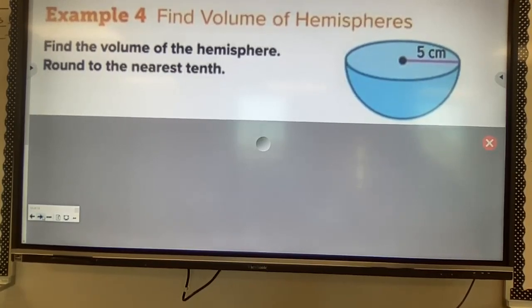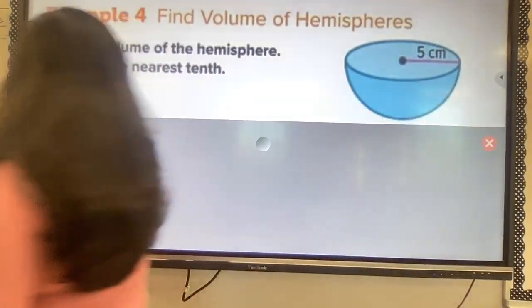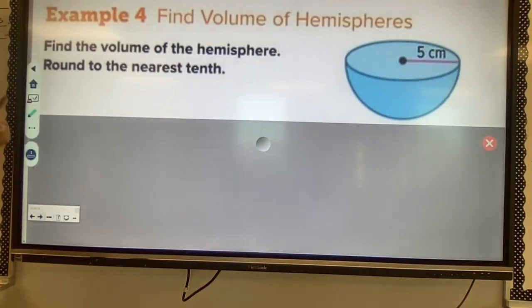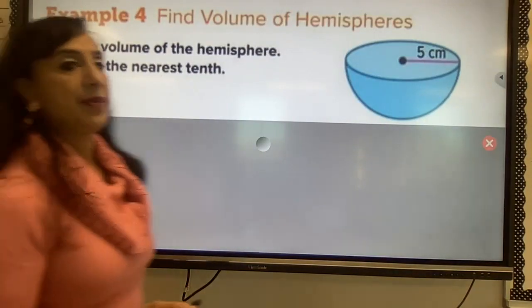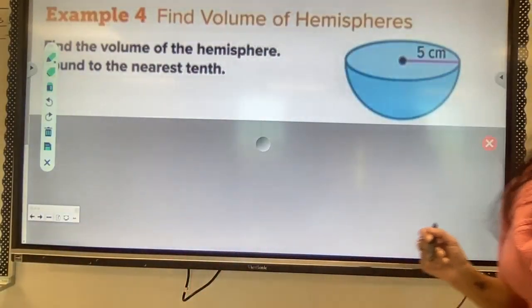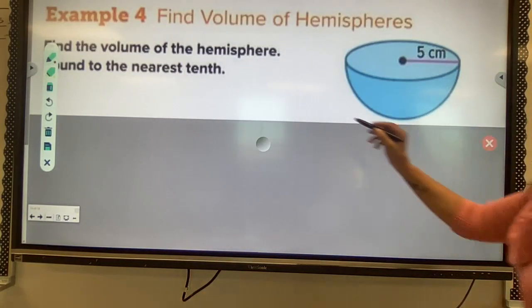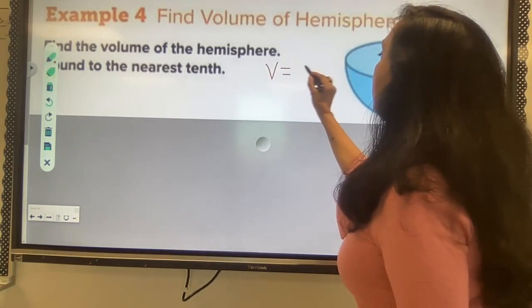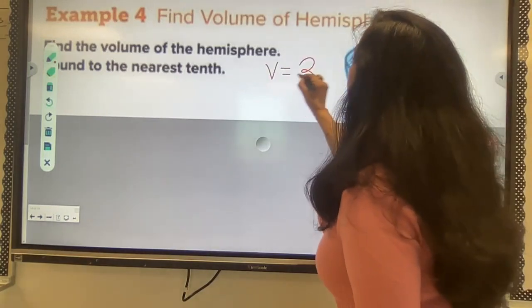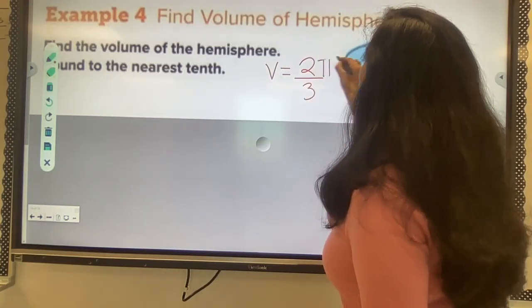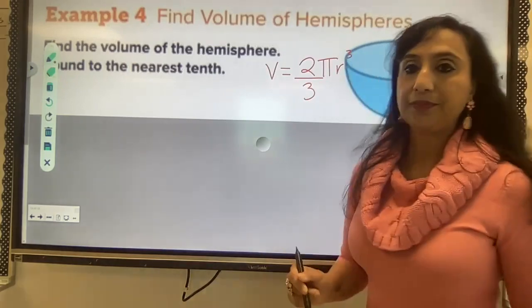This is going to be the last problem that we are solving in this lesson. It says find the volume of the hemisphere and round to the nearest tenth. So we know that the volume of a hemisphere is 2/3 pi r cubed.